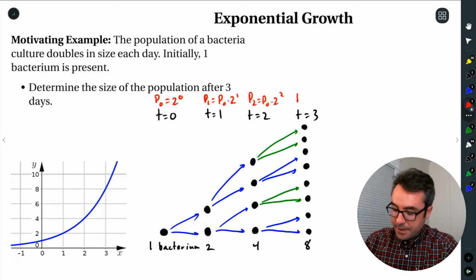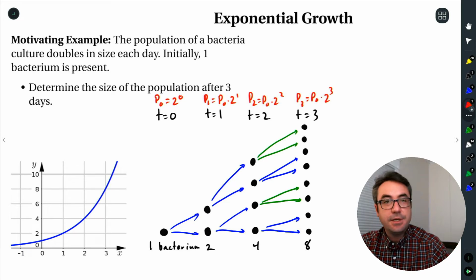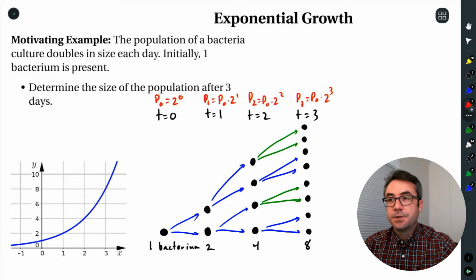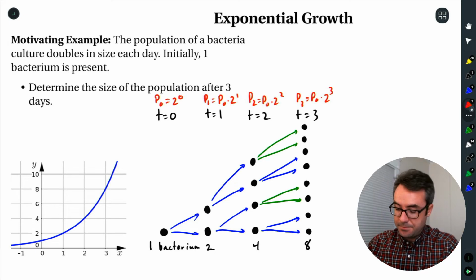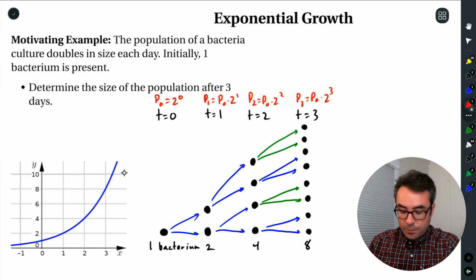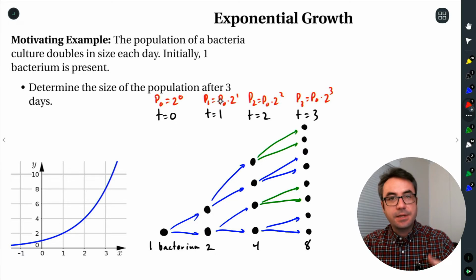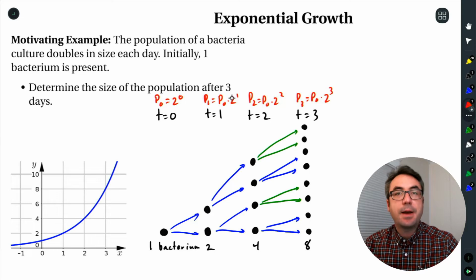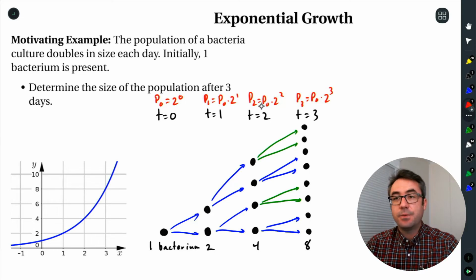And then on day 3, it would be whatever our starting population was in general times 2 cubed. So each day that goes by, we're multiplying our starting population by a power of 2. And when we consecutively multiply by powers of 2 like this, what we get is an exponential growth curve.